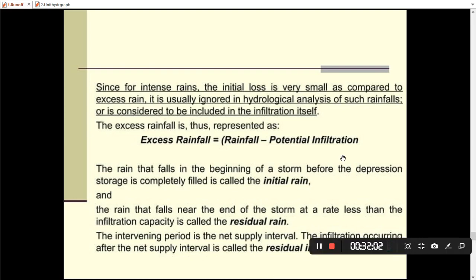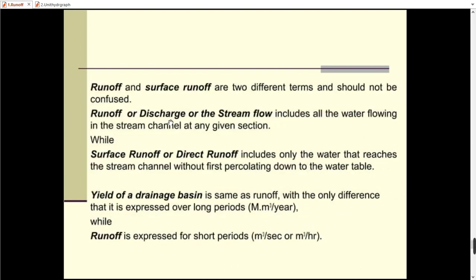So you have to understand what the meaning of infiltration is. Important things: rainfall, infiltration, rainfall intensity, right? The runoff and surface runoff are two different terms and should not be confused.